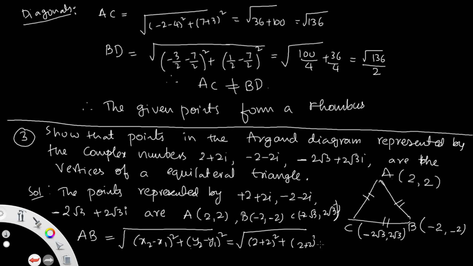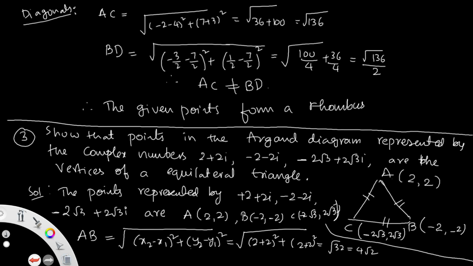This is nothing but root 4 square plus 4 square, 16 plus 16, that is 32. Root 32 is nothing but 4 root 2. So that is the distance from A to B. So write down all of you.